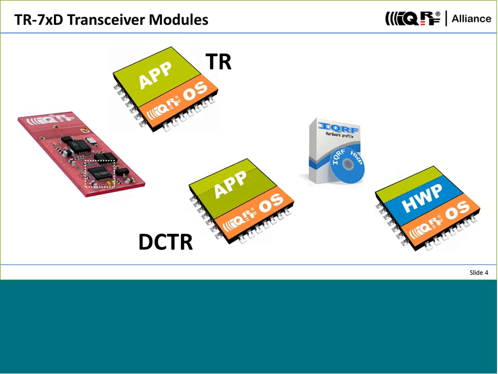So there are a lot of features that are already implemented in the hardware profile, and you don't have to deal with this yourself. This means your development is much faster, your products can be interoperable with the whole IKF ecosystem, and much more.